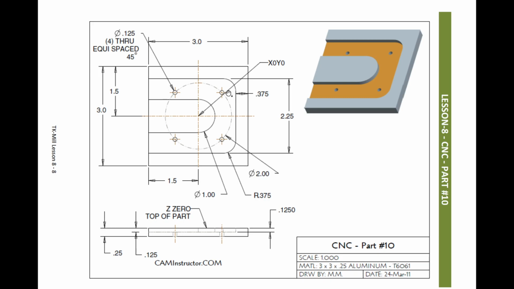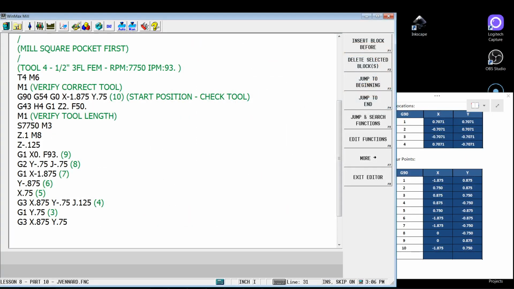From the center of the start point to the center of rotation, it's in the negative X direction, so it's going to be an I minus 0.125. So that's what we're going to plug into our program, because it's in the X negative direction, so it's an I minus 0.125.